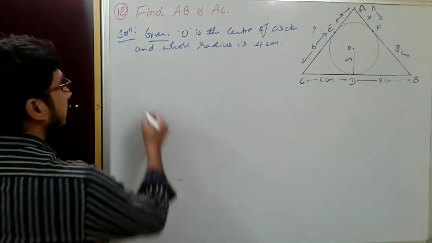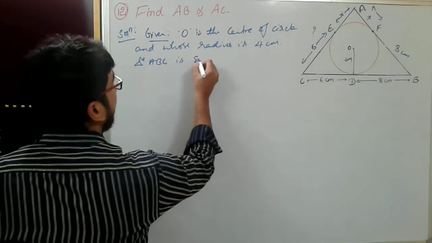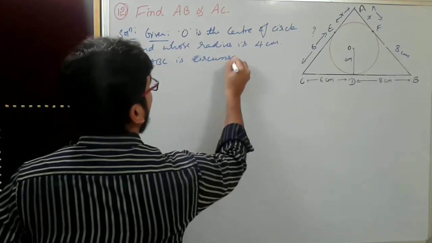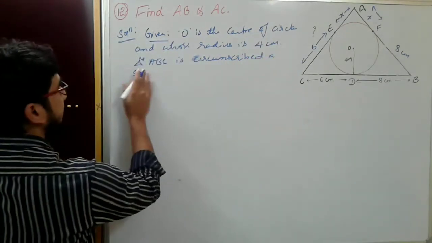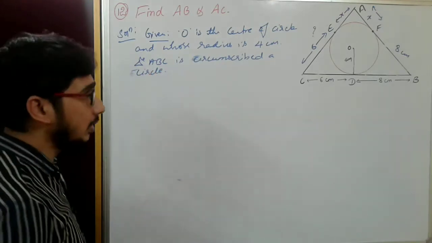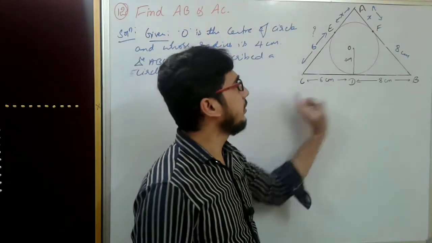Triangle ABC is circumscribing a circle.